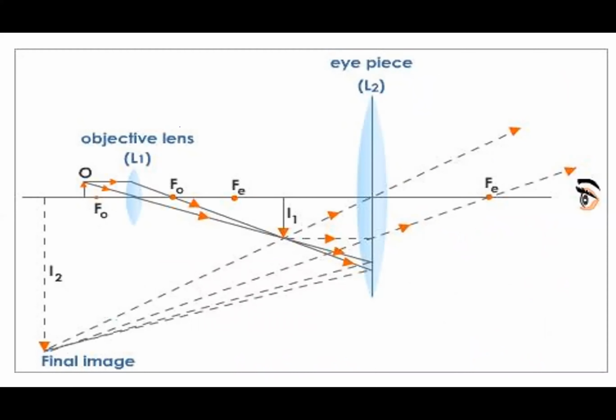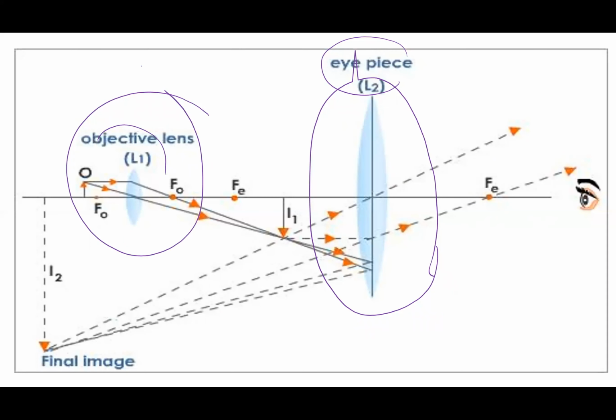This is the diagram of a compound microscope. In a compound microscope, this is called the objective lens, and this is called the eyepiece. The objective lens is smaller as compared to the eyepiece.